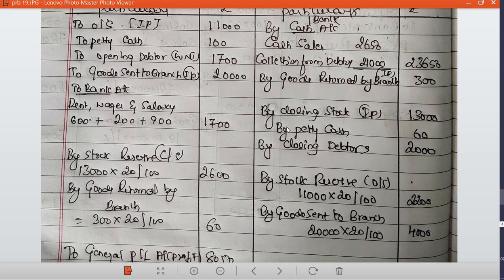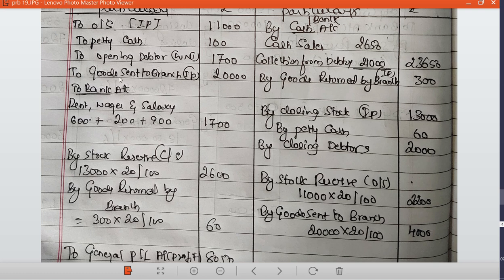Next, we have to remove the profit. How to remove it? Check in which entries they have the invoice price. Opening stock: remove it by stock reserve, 11,000 into 20%, 2,200.